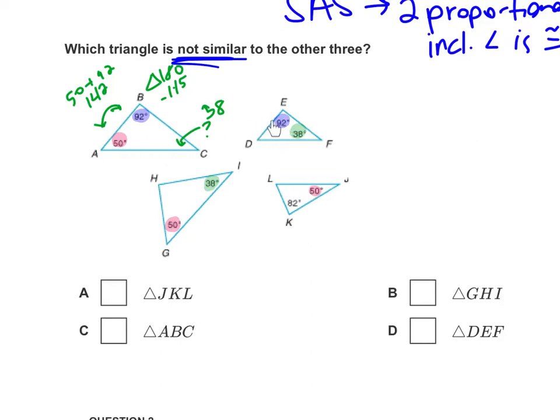So here we have blue and green, next option red and green, and then our last one we have red, but this 82-degree measurement, we don't have any triangles that have an 82-degree measurement. So I know that triangle JKL is not similar to the others.